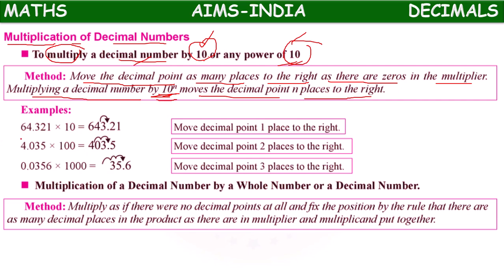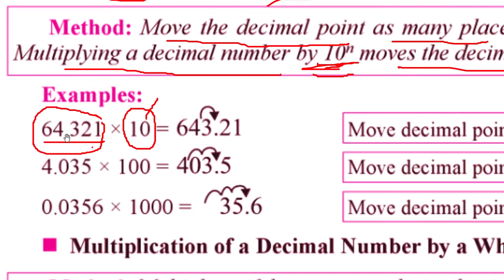Here we have 64.321. This is the decimal number. This decimal number we are multiplying with 10. Means in 10 how many zeros are there? We have only one zero. So decimal point, what we have to do?